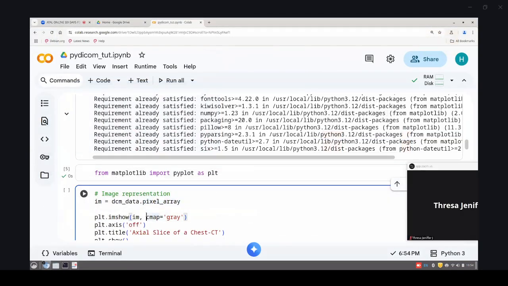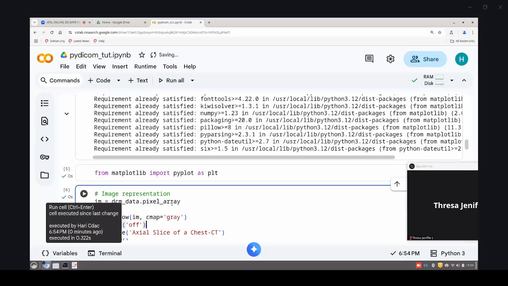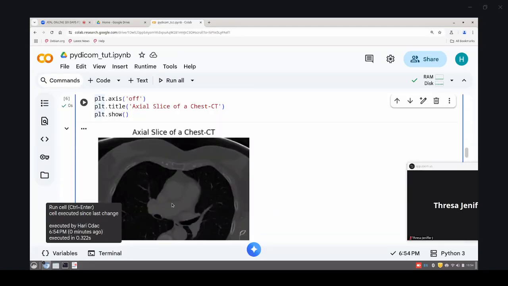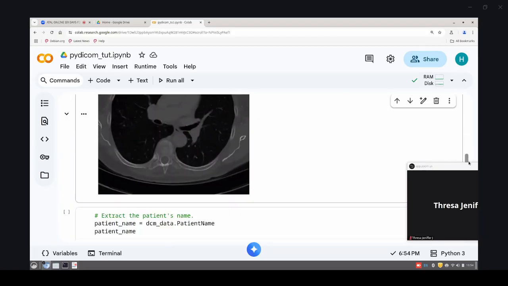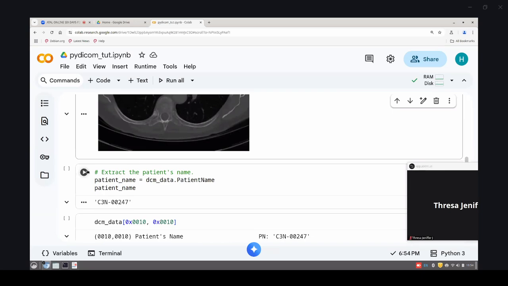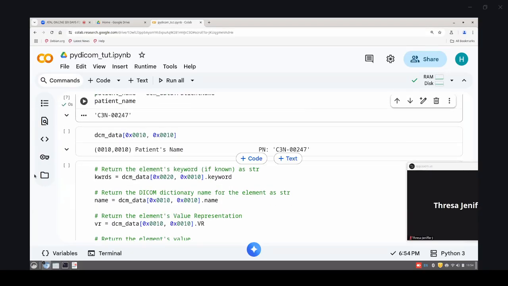CT scan images are 3D images. When I run this code, I will see an axial slice of a CT scan image. It is one of the slices of the 3D CT scan image, as you can see here. You can access the patient name by using dcm_data.PatientName, or using the tag values as well.